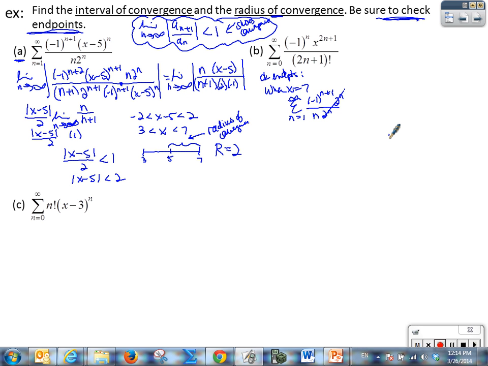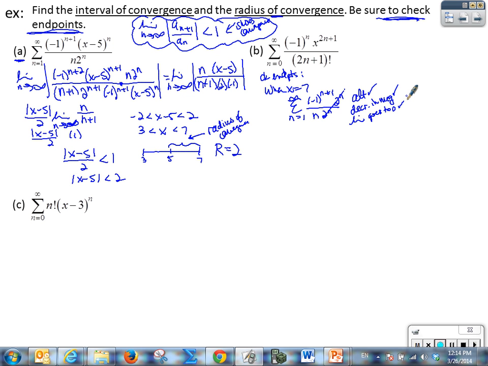Let's use the alternating series test. Okay, so we're alternating, check. What was the second thing? Decreasing in magnitude. Are we decreasing in magnitude? Yes. Decreasing in magnitude, check. What was the third thing? Limit equals 0. Is the limit of the a sub n term equal to 0? You know, that's the part without the alternating part. Yes? Limit goes to 0.